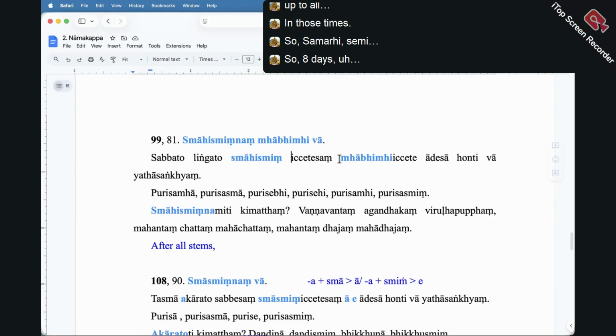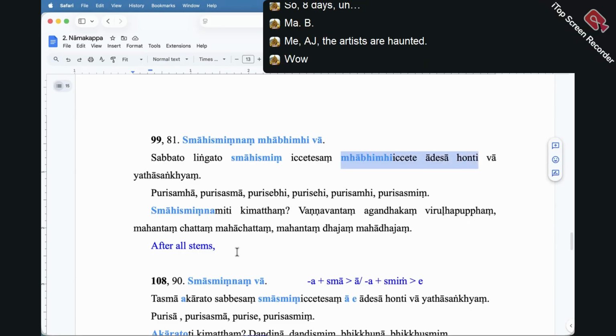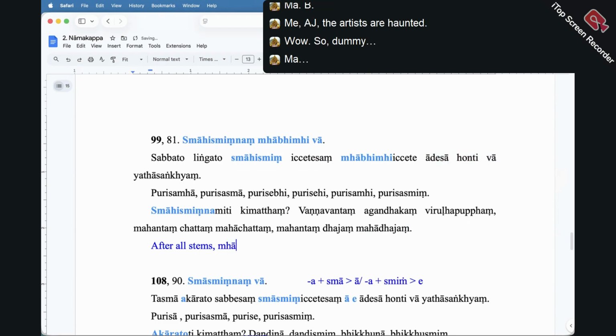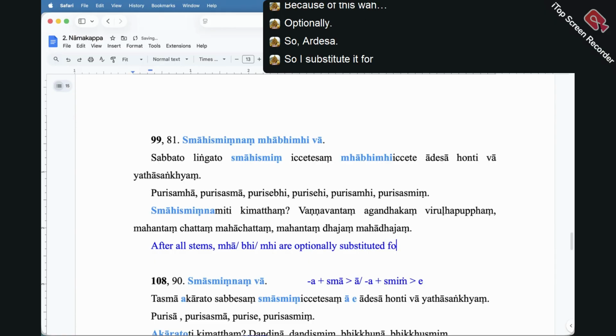So adesa ma, bi, mi, adesa hondi wa. That means ma, bi, mi, because of this wa, optionally. So adesa is substituted for sama, he, and the same. And then yatha sankhya, respectively.